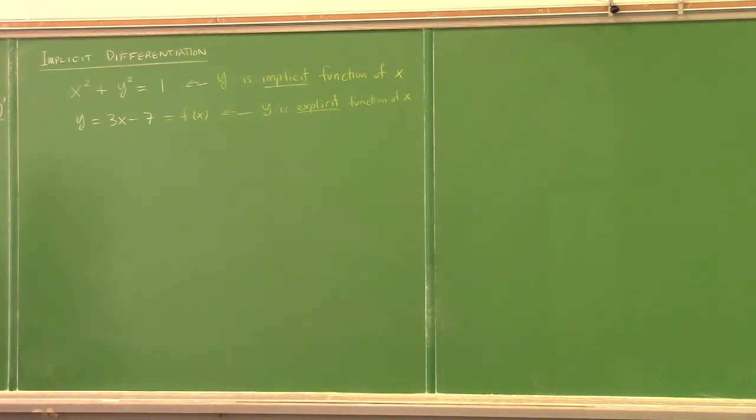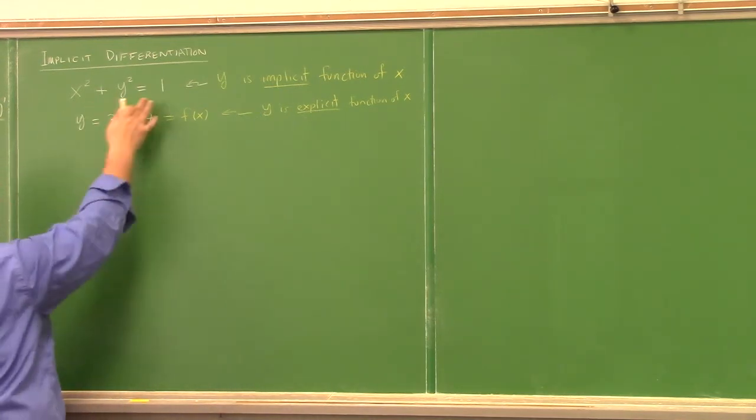Explicit is when you can just plainly solve for whatever it is you're talking about. Implicit is when it's tied up in something that you may or may not be able to unravel, like this one, x squared plus y squared equals 1.